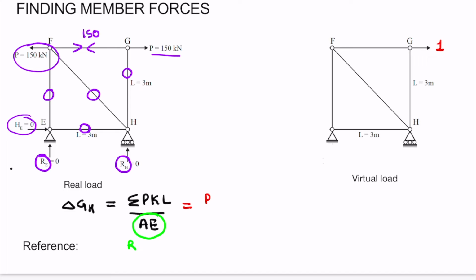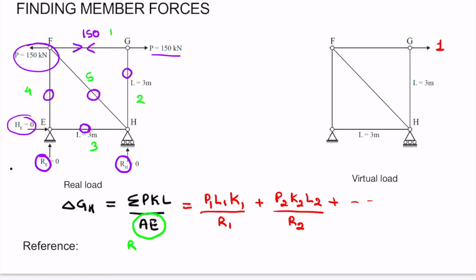This will be P1 L1 K1 by R1. Let's say this is member 1, this is member 2, member 3, member 4 and member 5. Therefore it will be plus P2 K2 L2 by R2 plus and so on up to P5 K5 L5 by R5.